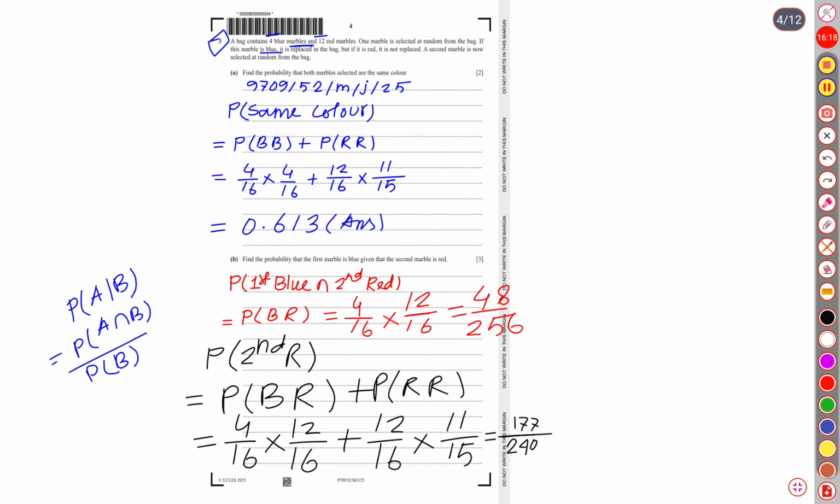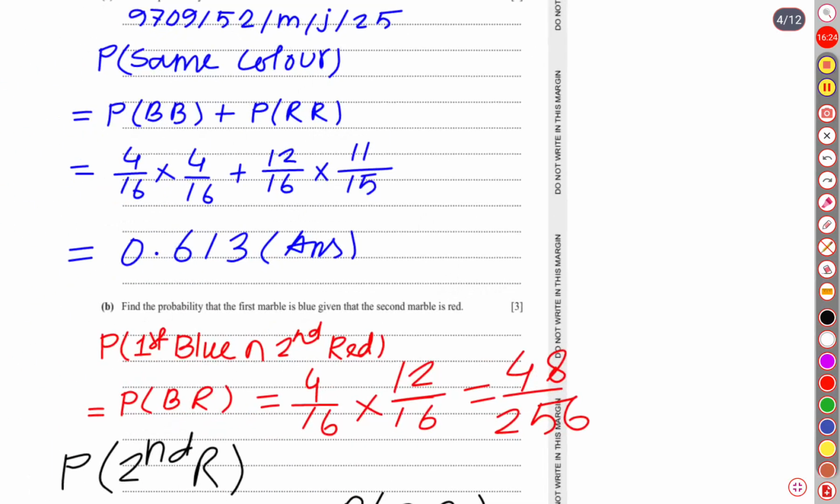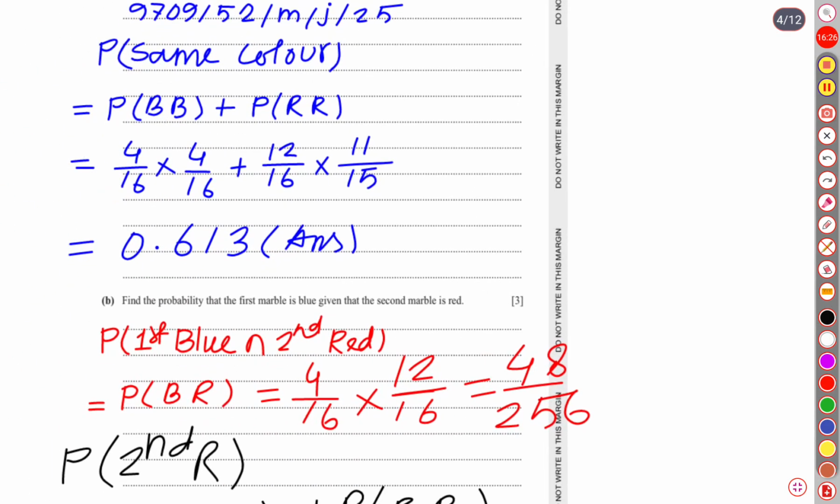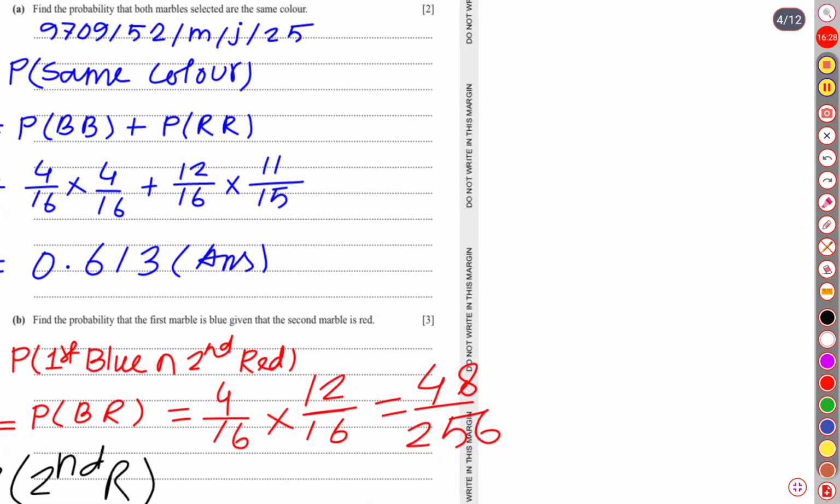Now we can write the probability of our question. What was it? Probability of first marble blue given that second marble red.